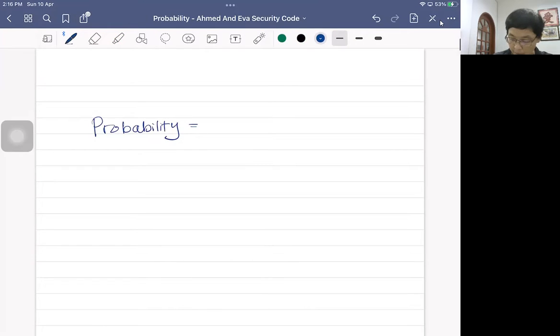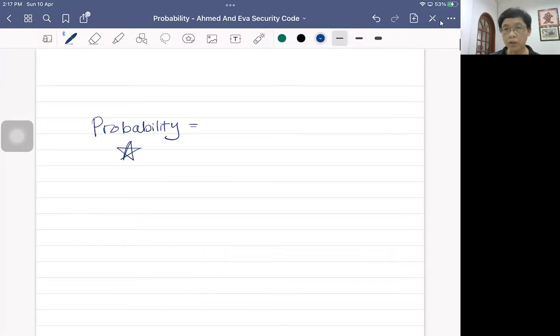Maybe I would just put a star. The probability of getting a star, for example. The star can be raining, or it can be winning, it can be whatever. The probability of something happening, or the probability of getting something, is always a fraction. It's always a fraction of what?